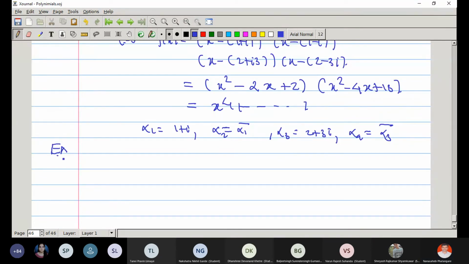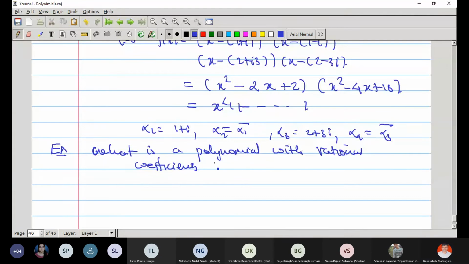So, what is a polynomial with rational coefficients or integer coefficients whose root is alpha equal to root 2 plus root 3?